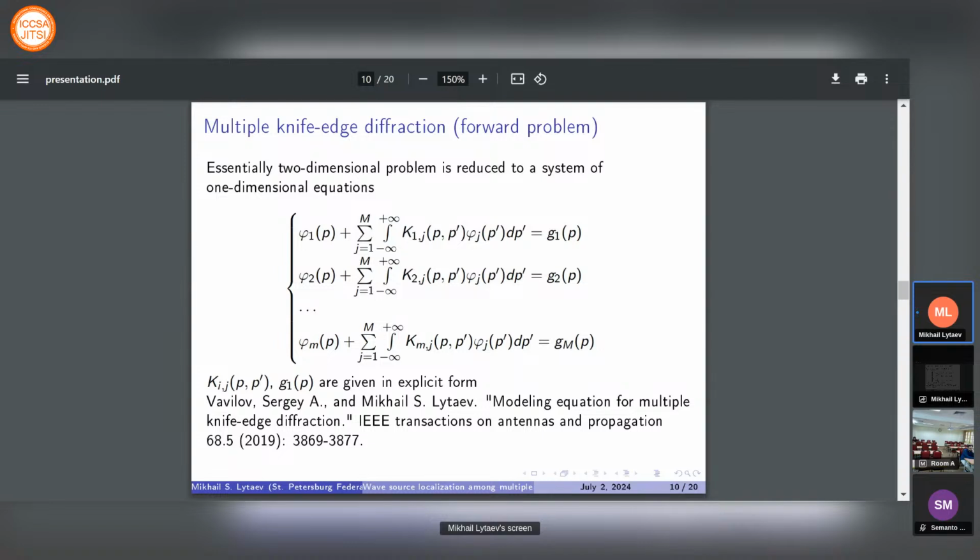Its size is equal to the number of knife edges, and it should be noted that it can be computed numerically very efficiently, and for details the link is given.